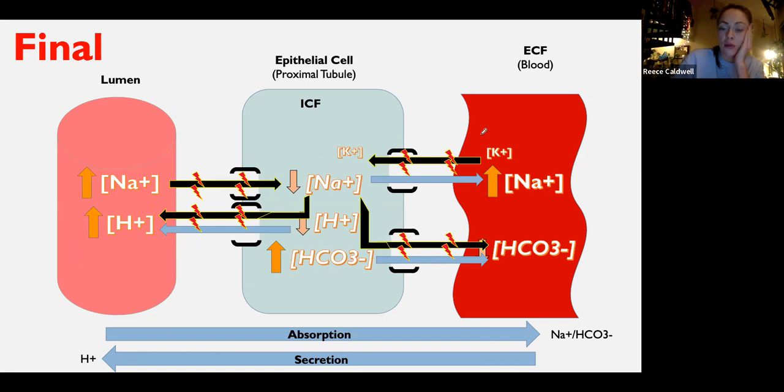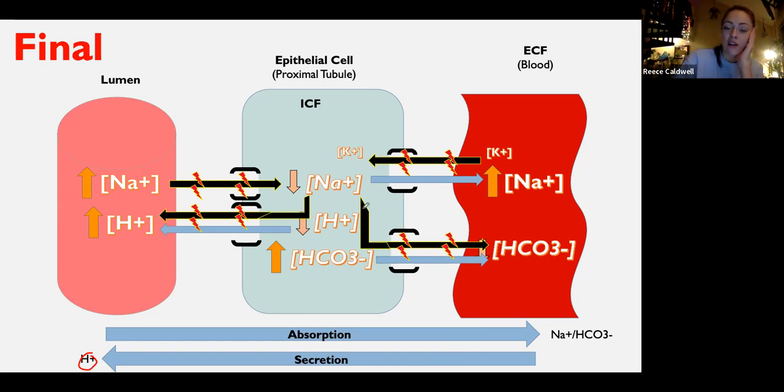So again, this is a form of primary active transport. Then we have our hydrogen being secreted from the body because that was our goal, was to secrete hydrogen. And we're doing so through that sodium hydrogen co-transporter, which is a form of secondary active transport, specifically a symport because they're moving in the same direction.